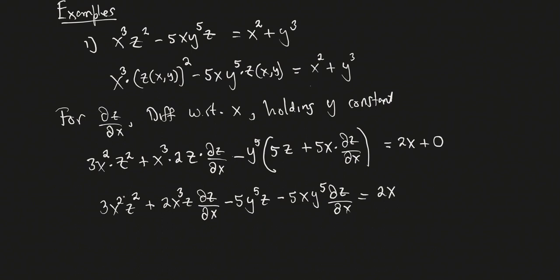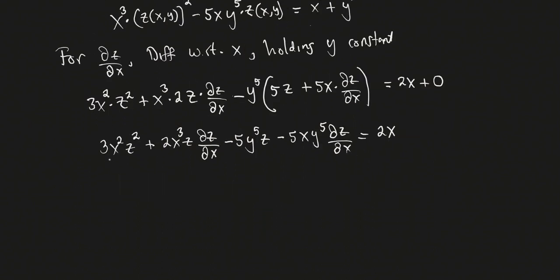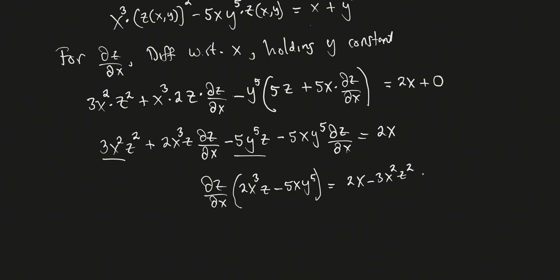So subtract 3x squared z squared from both sides. Add 5y to the fifth z to both sides. So move these two terms over. And then factor out a dz dx out of the remaining terms. So we have a 2x cubed z minus 5xy to the fifth. And then we have our 2x minus the 3x squared z squared plus 5y to the fifth z, right?